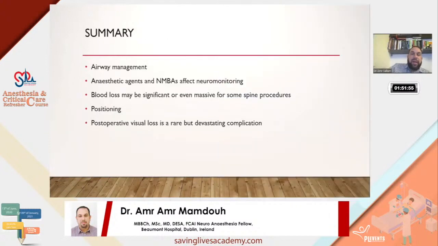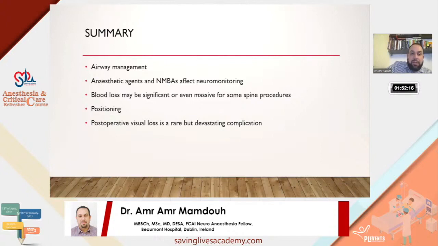Just to summarize at the end, airway management is a critical point. Airway planning is very important as well. Anesthetic agents and neuromuscular blocking affect neuromonitoring in some controlled way with some medication, but we have to consider that as well.